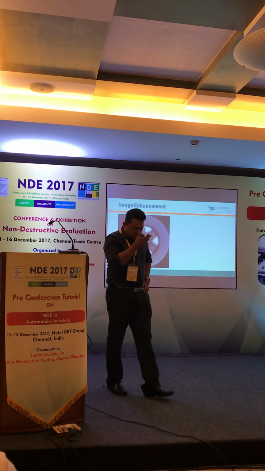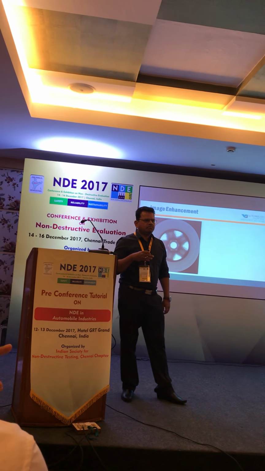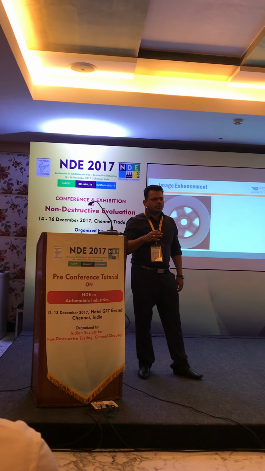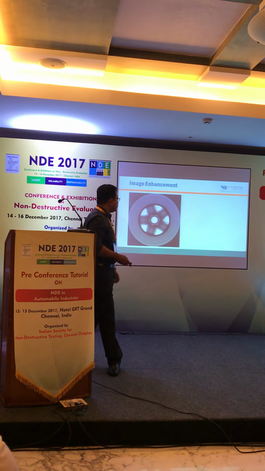Now, when I talk about image enhancement: when we take an X-ray image of a casting or any automobile part, we see raw data, and with raw data there is some loss of information. So to enhance the image, we can use an automated defect enhancement filter, which the software applies to make the image more enhanced. The contrast increases with more grayscale values.